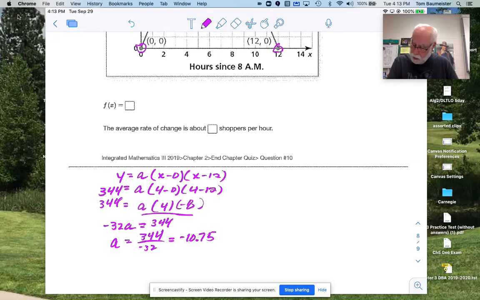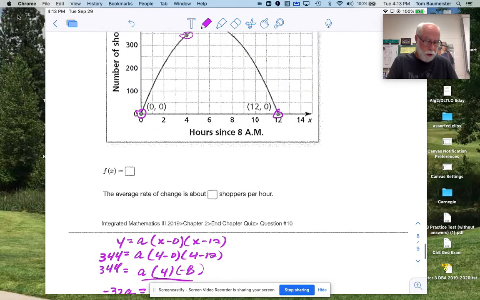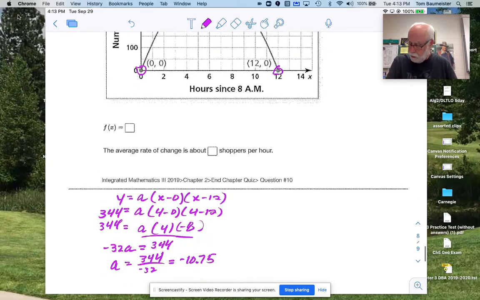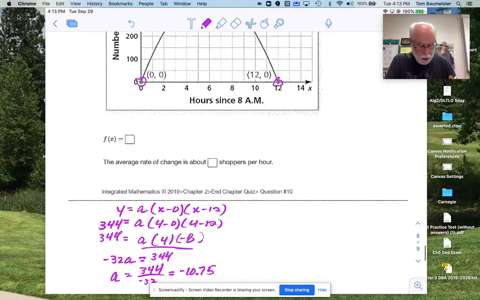Okay? So remember, on our vertex here, and let's just make sure it's right, our axis of symmetry would be our x is equal to, again, our p plus q, so 0 plus 12 divided by 2, and that would equal 6.